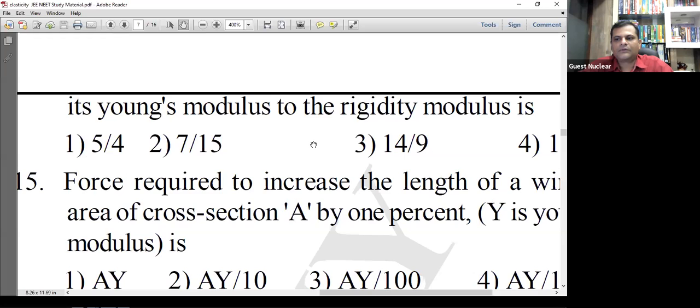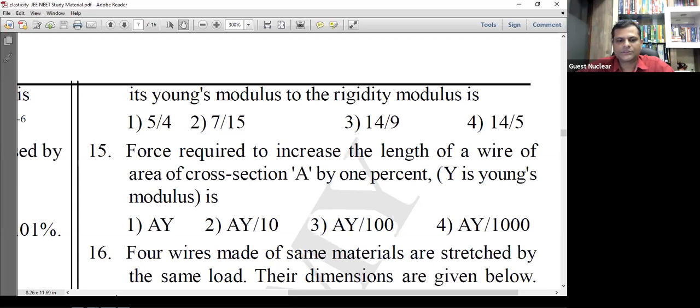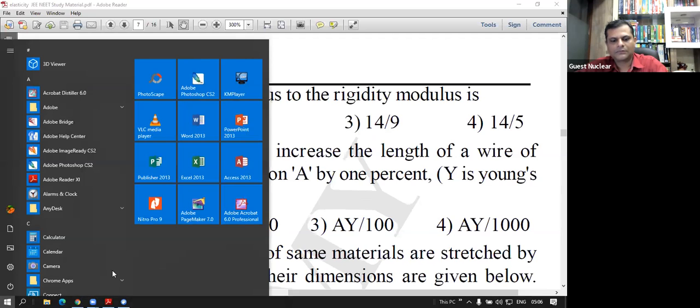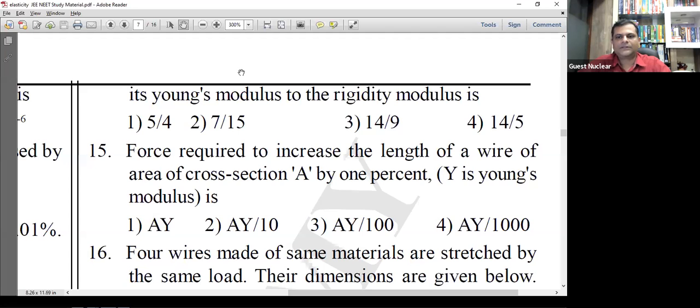So for that, we'll have to use the relationship between the Young's modulus and modulus of rigidity that we have seen last time. In last lecture में हमने वो देखा था equation. Yes, we have it as Y is equal to 3 into K into 1 plus sigma. याद है? ये हमने इक्वेशन देखा था.